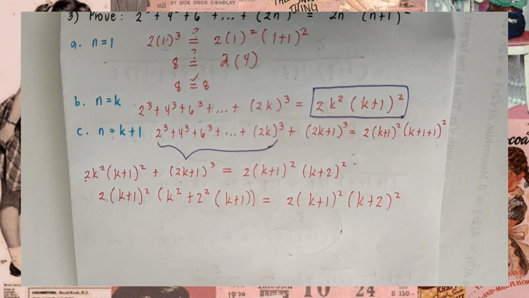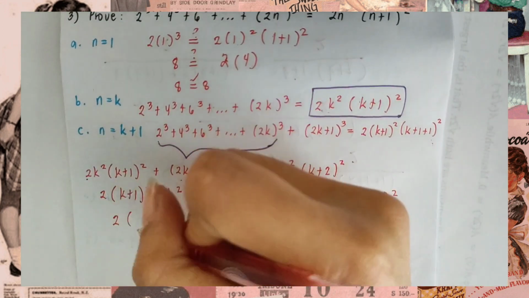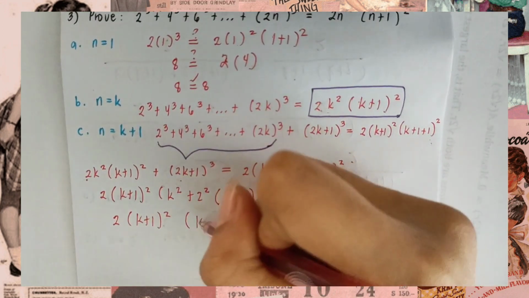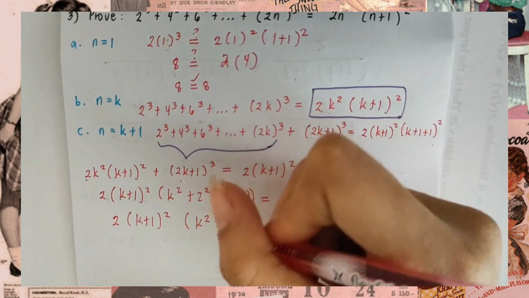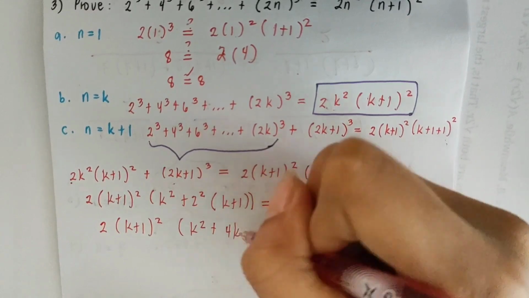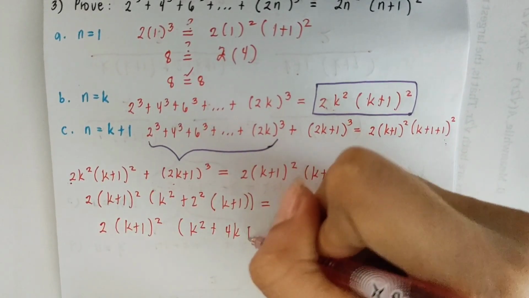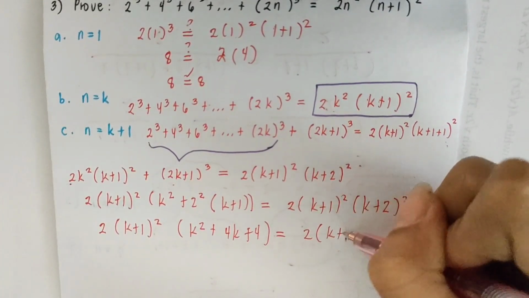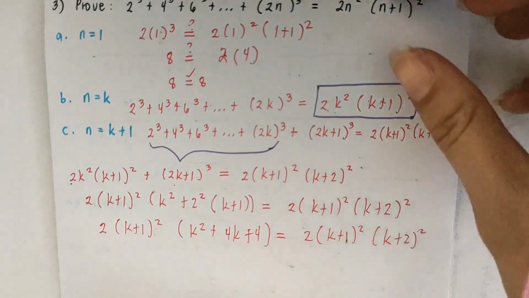Next, simplify. We have 2 times the quantity of k plus 1 squared times k squared. 2 raised to 2 is 4. So 4k, 4 times k, and then 4 times 1, that is 4. Will it be equal to 2 times the quantity of k plus 1 squared times k plus 2 squared?